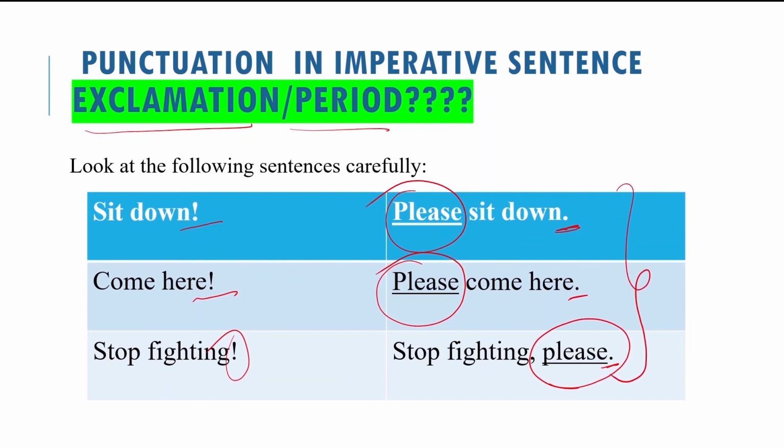All these sentences are like requests, and these are forceful commands. So when we use please, we use period at the end, and when it is a forceful command, we use exclamation mark after the sentence.